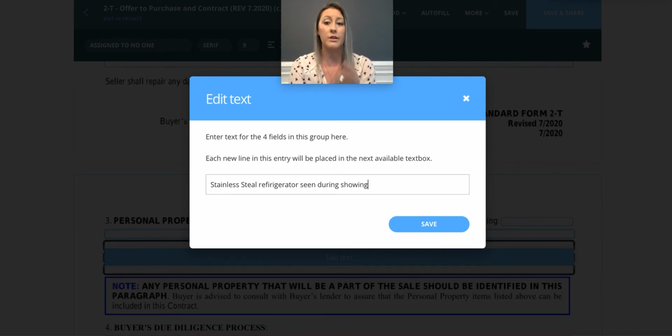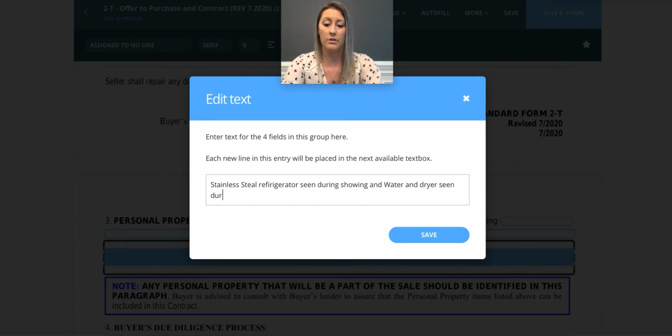So I like to put stainless steel refrigerator seen during showing, and washer and dryer seen during showing. But again, you can put anything.